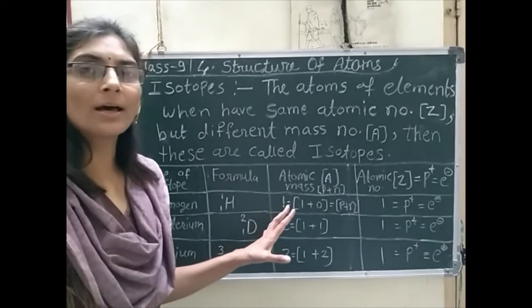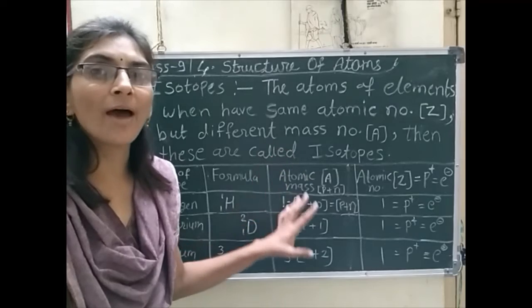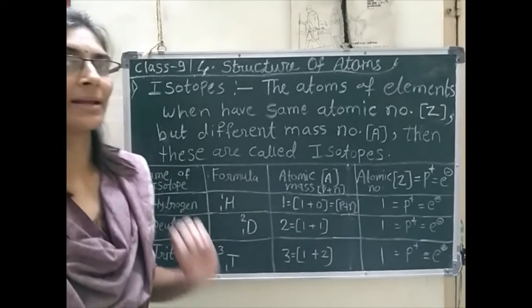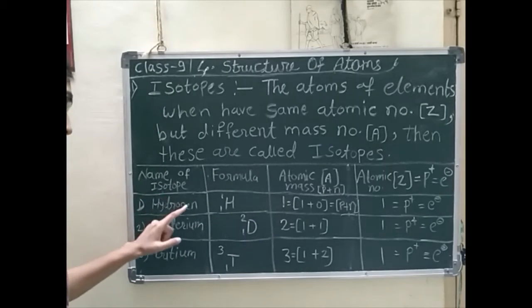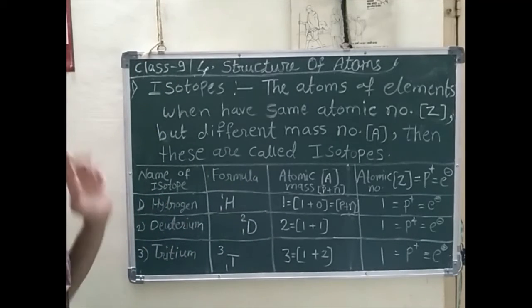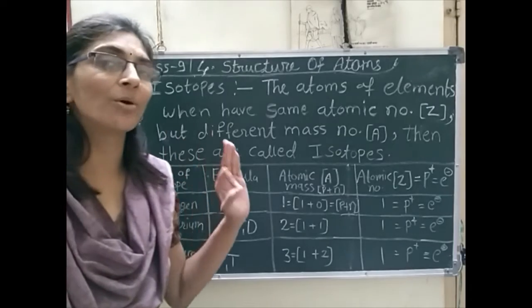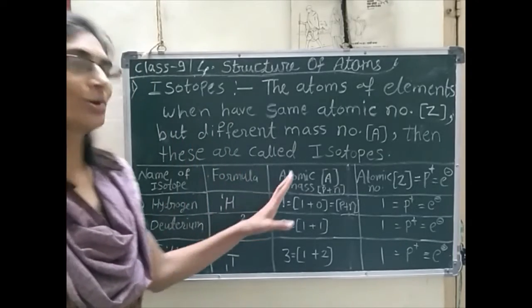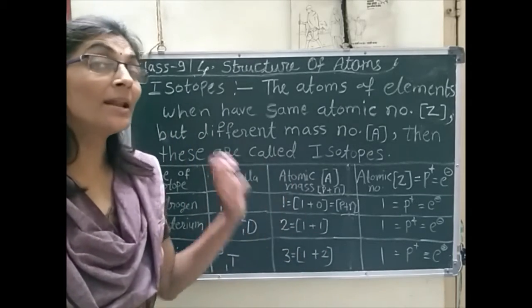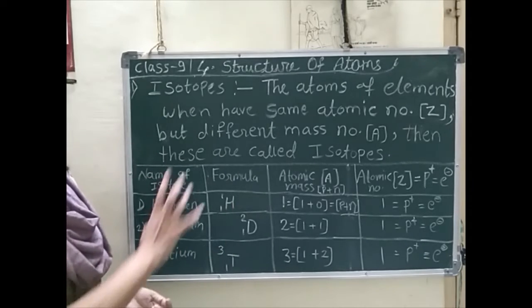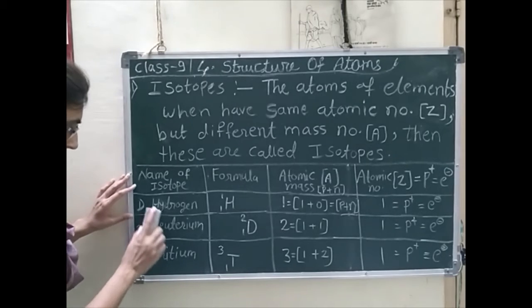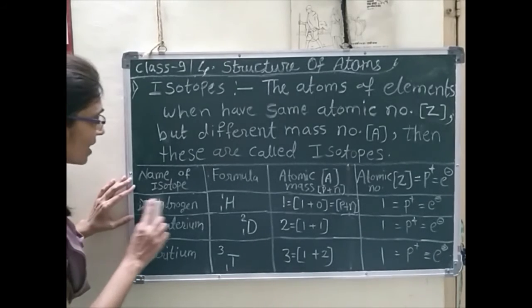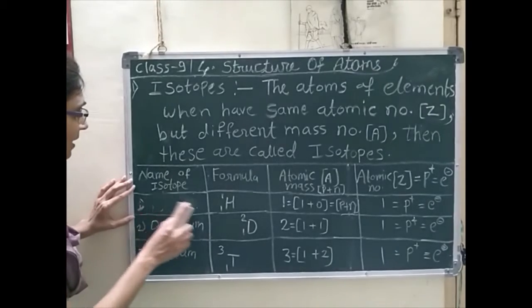Yes. So here neutron number varies in isotopes. That is a very important property. So note down all those things. We will see another example also here. Instead of hydrogen, another example we will learn here.